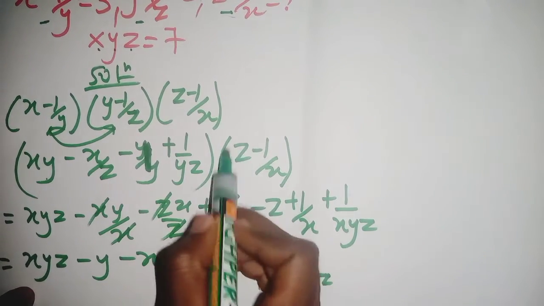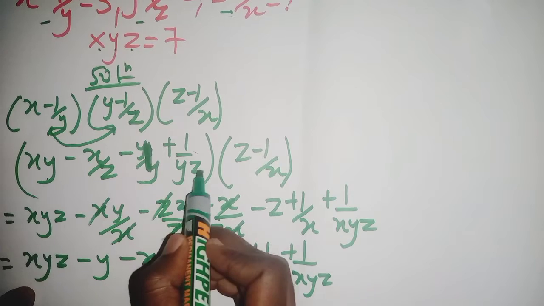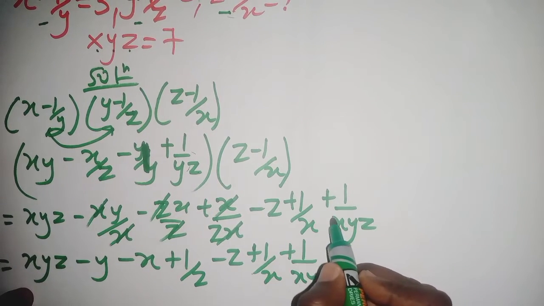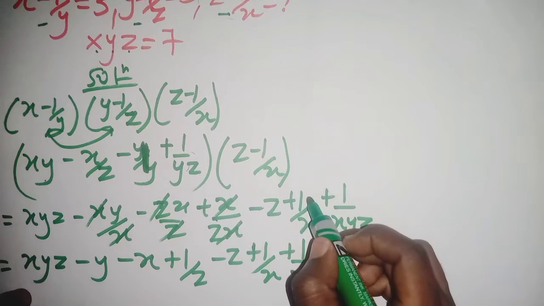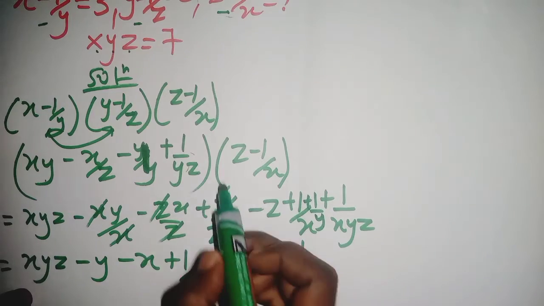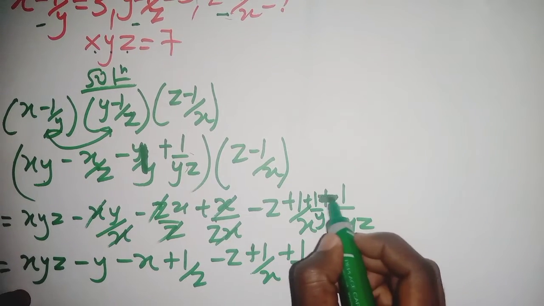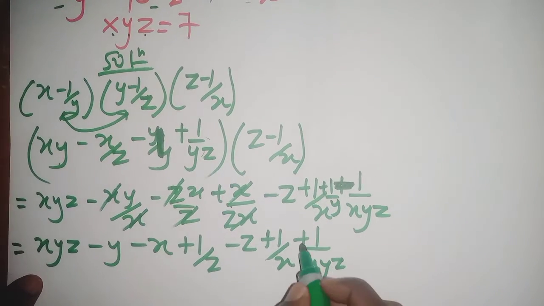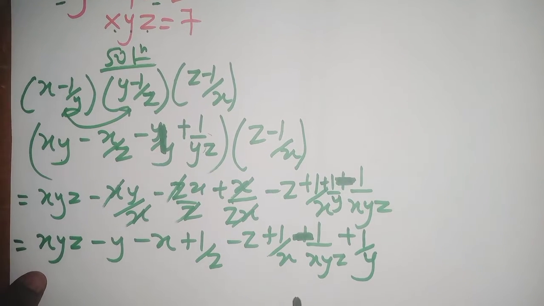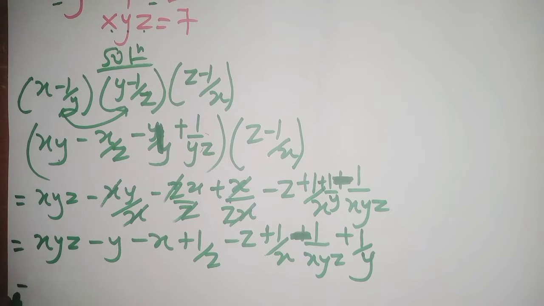This multiplies z, it becomes z over 1 over z, z gets rid of z, then we have 1 over y. So it's supposed to come here, so plus 1 over y, and then the last one, this is supposed to be negative, yeah, so we have negative here, and then remember plus 1 over y also. Good.